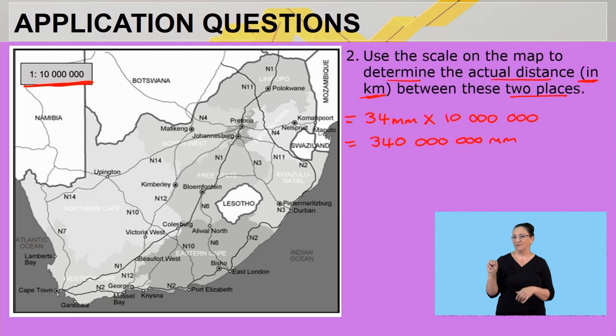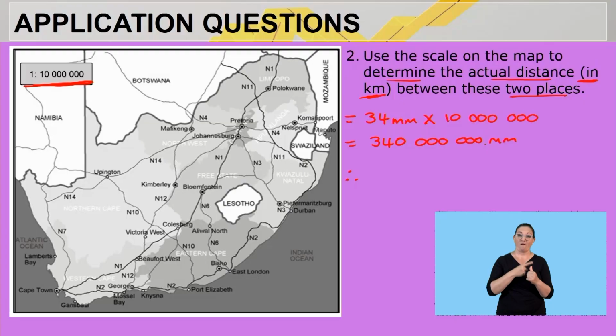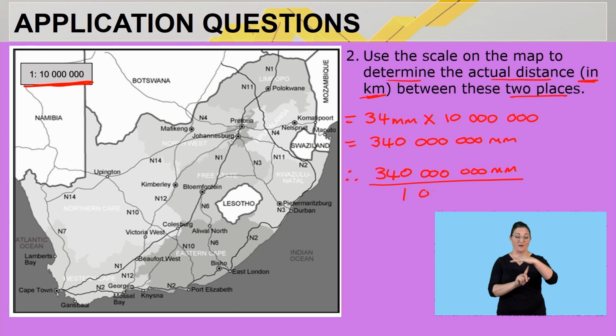But guys, note, our answer should be in kilometers, right? So quick question, how many millimeters in 1 kilometer? There we go, I agree, 1 million. So therefore, in order for us to go from this millimeter, I will now take my answer, the 340 million, and I will divide that by 1 million. So therefore, 340 million millimeters divided by 1 million millimeters, right?